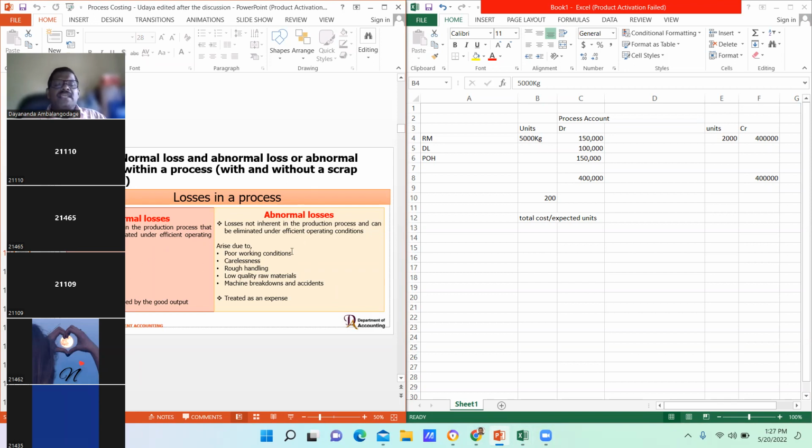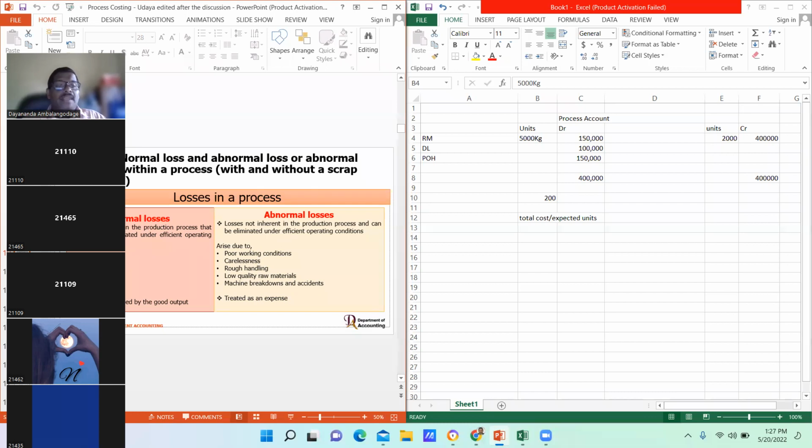Reasons may be poor working conditions, your machines are not good, you have worked carelessly, rough handling, you don't know how to handle the material, low quality raw material, machine breakdowns and accidents. This is the abnormal loss, which we treat as an expense. It's a loss for us. But normal losses are weight losses, shrinkage, evaporation.